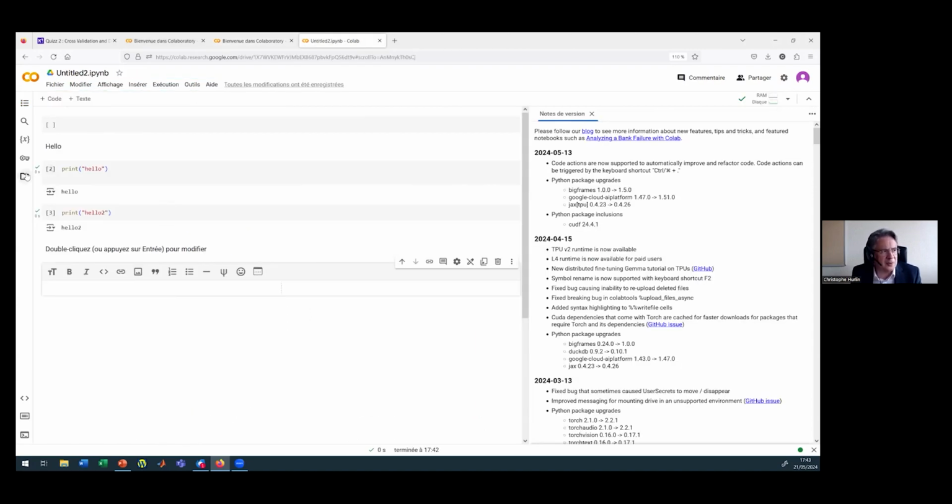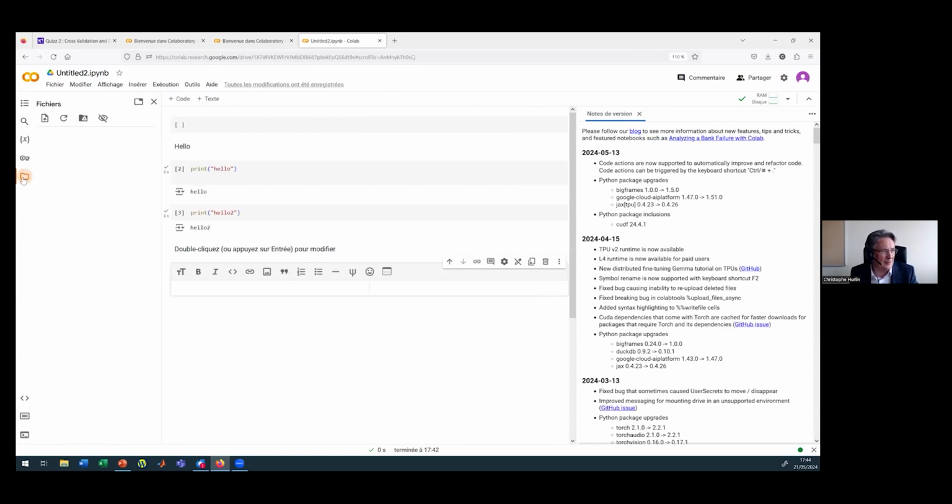So what is also possible is to introduce some data or some command and some additional file and to communicate between your notebook and this file with this command here on the left, which is file.